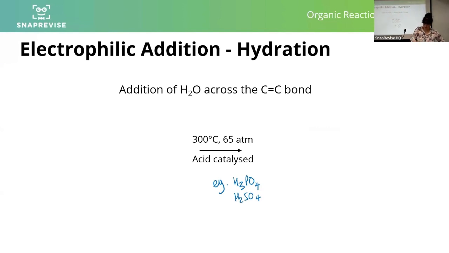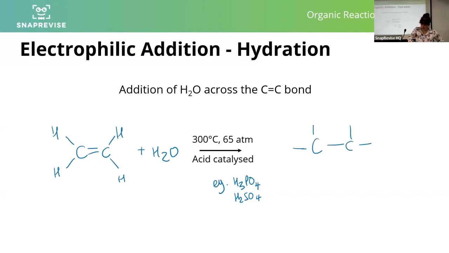And again, I'm just going to keep it really simple because we're running out of time. Let's take ethene, and you're going to need your water, obviously. Otherwise, how are you going to add water across? And this time, water splits into a hydrogen on one side and an OH on the other. So you end up with, in this case, an alcohol.